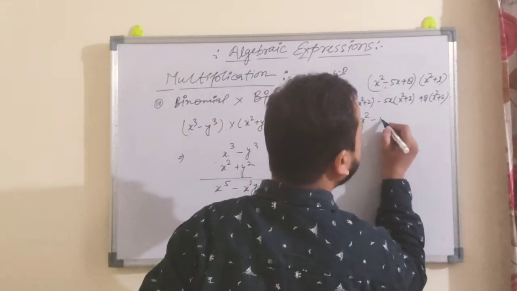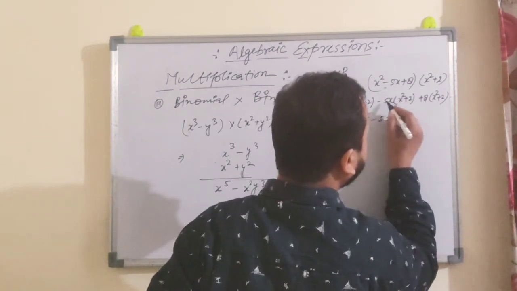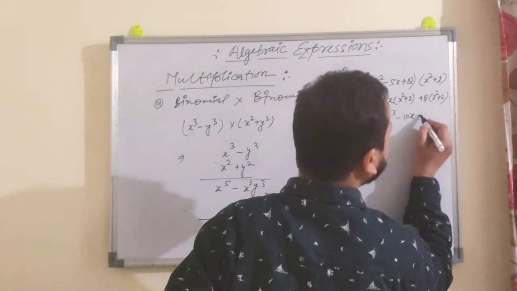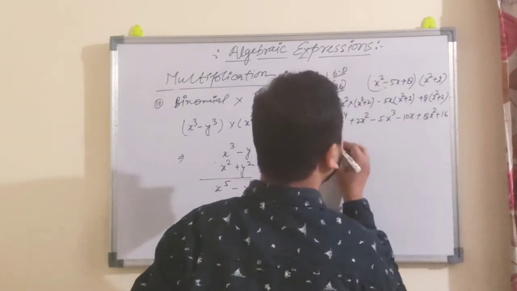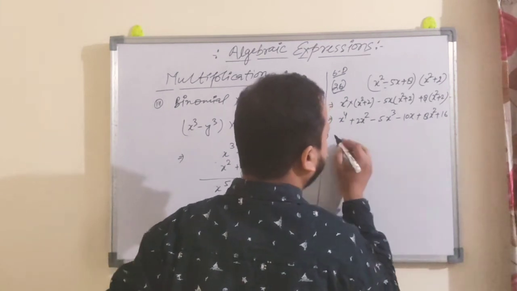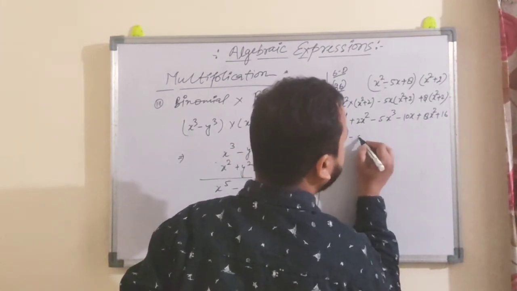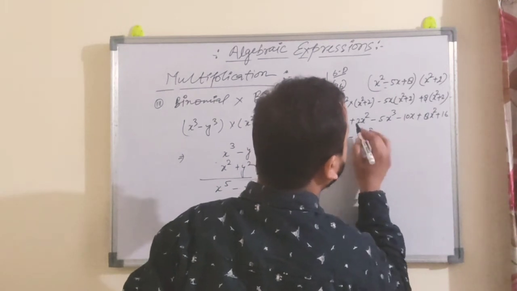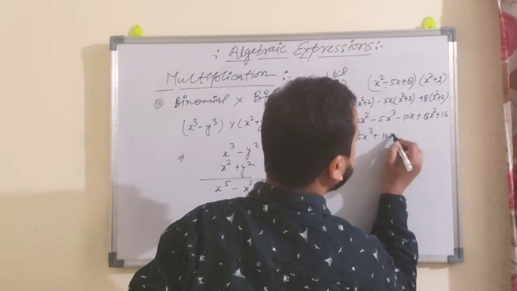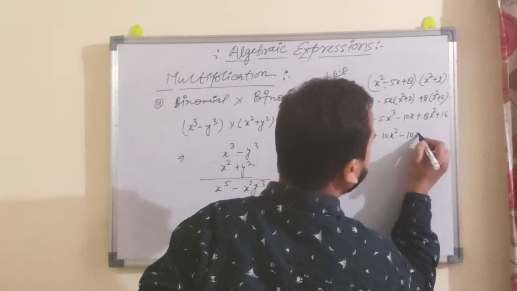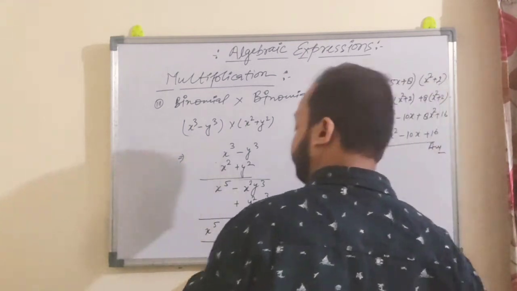So minus 5x power 1 plus 2, that is x cube, minus 2 5s are 10x, plus 8x square plus 16. Now x power 4 here, minus 5x cube, here 2x square, 8x square, so plus 10x square, minus 10x plus 16. This is the answer.